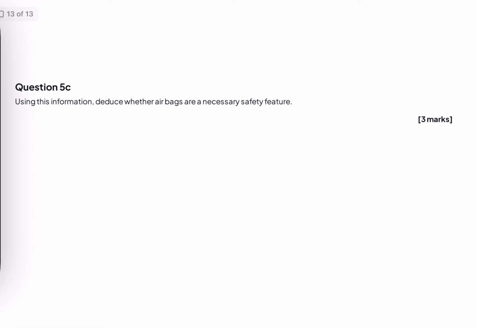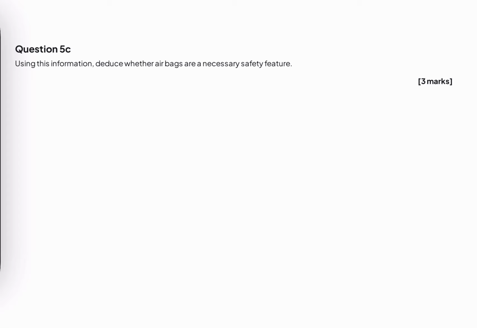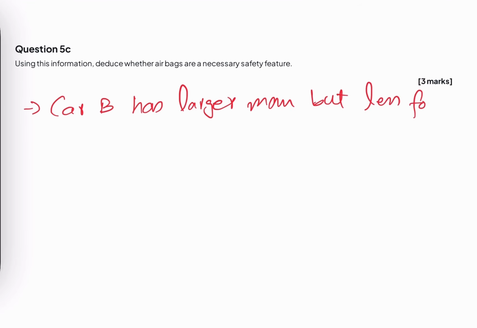Use this information to deduce whether airbags are a necessary safety feature or not. So what we concluded from this: it's a 3-mark question, so you have to write at least 3 points. Car B has larger mass but less force on the driver. First point.